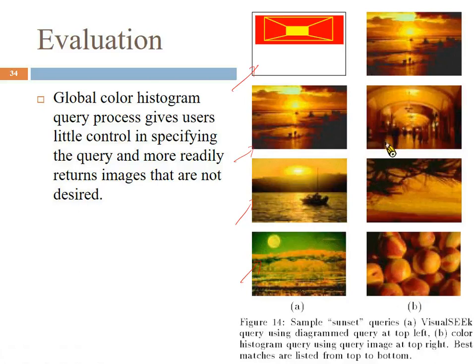We can see that although the color distribution is similar to the query image, the content may not be in our expectation, because there may be a hole, a tree, or sand, or sometimes fruit. Okay, so using this example, the VisualSEEK system more appropriately retrieves images of interest.